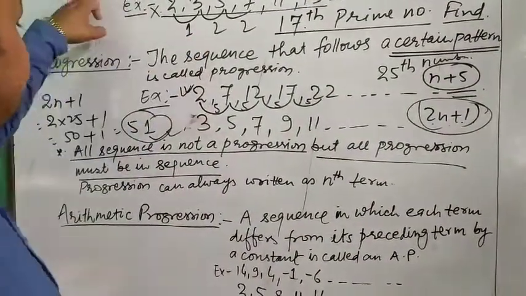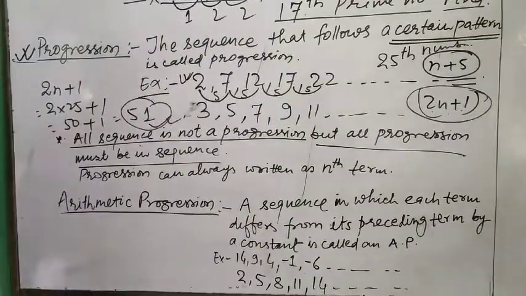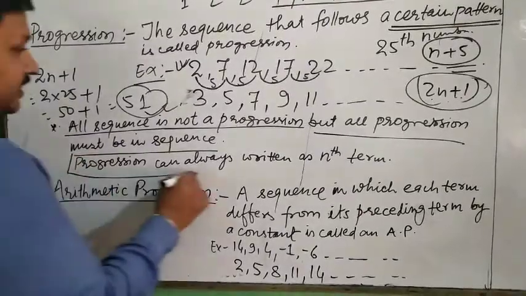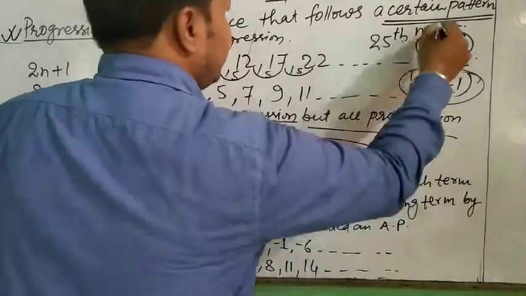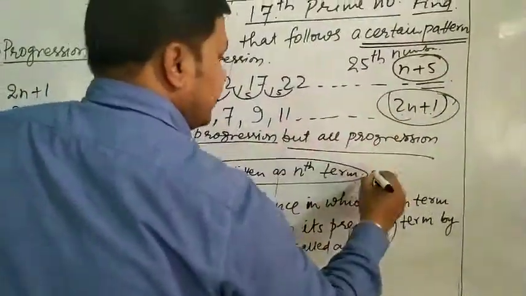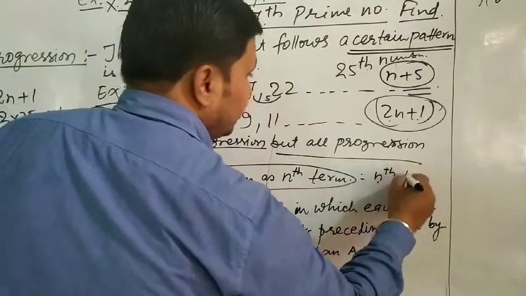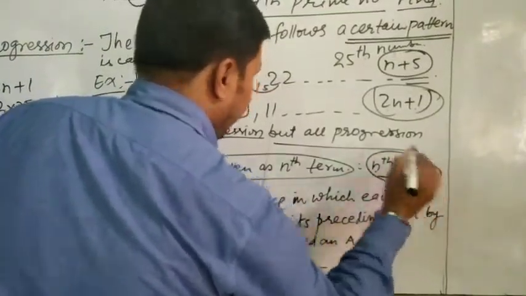That is the difference between sequence and progression. Okay? A progression is always written as the nth term. Here we write the nth term, nth number. That is called the nth term. So a progression must be written like that.